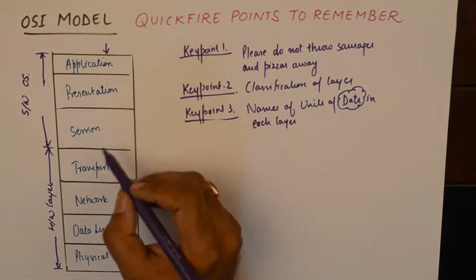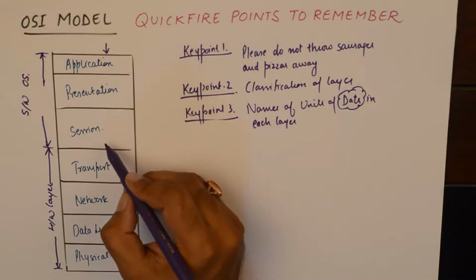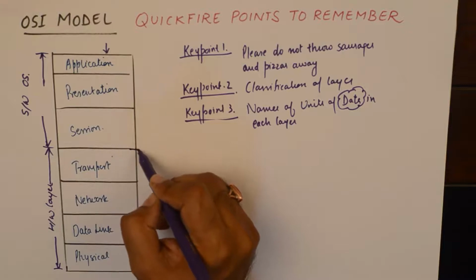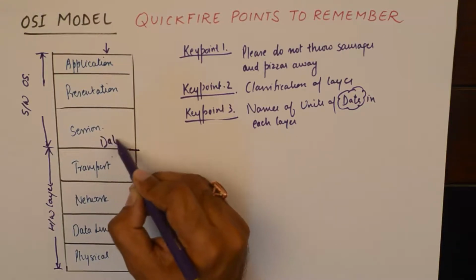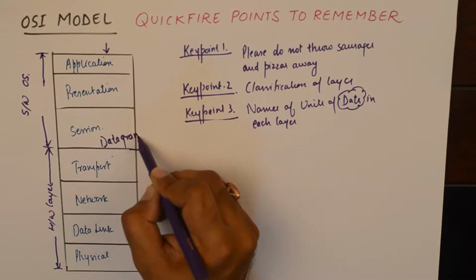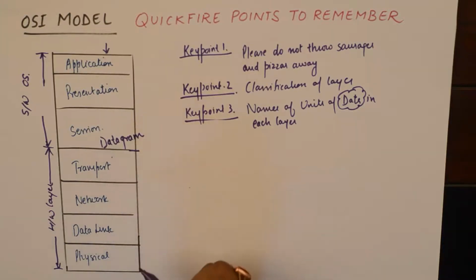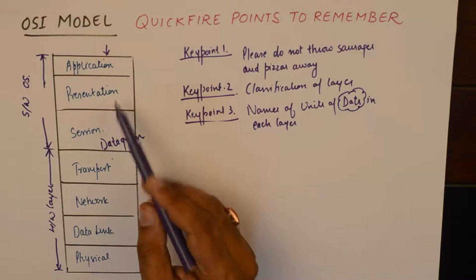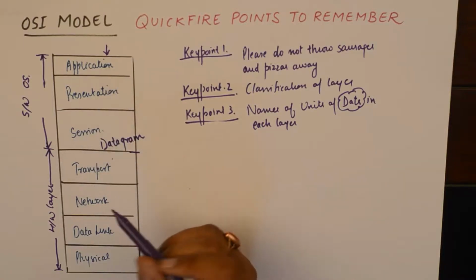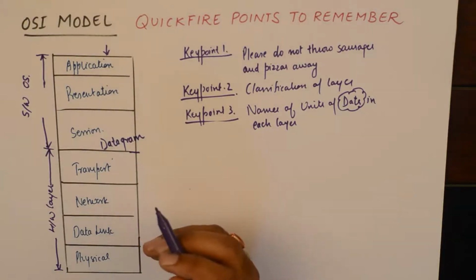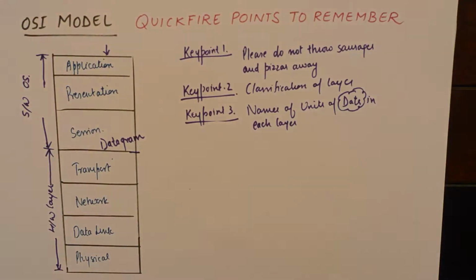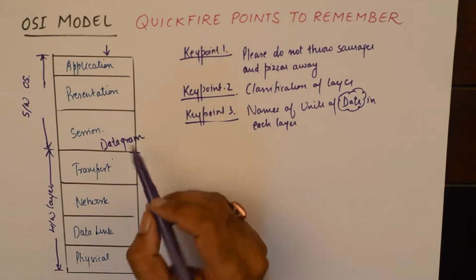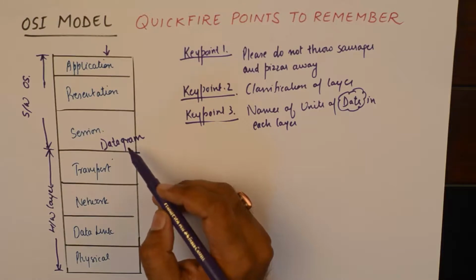and that data is termed as datagram, which is a key word, and this datagram is generated by the top 3 software layers in the OSI model, and which is passed on to the transport layer.